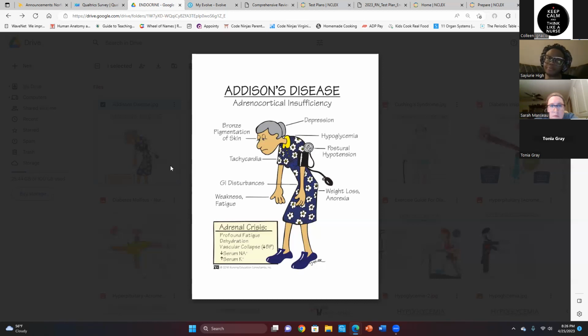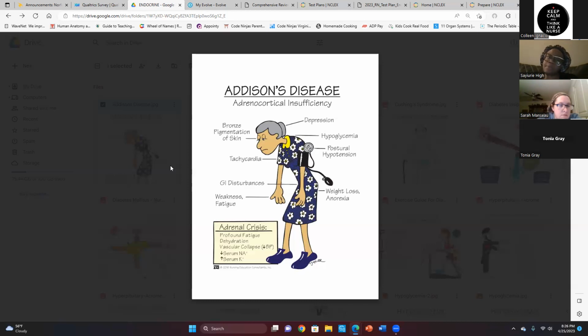So when we think about the adrenal gland, the adrenal cortex produces glucocorticoids, which is your cortisol, your mineralocorticoids, which is aldosterone, and then sex hormones, the androgens, right? And the adrenal medulla, which is the inner part, produces catecholamines, epinephrine and norepinephrine. Okay, so when I think adrenal glands, there's the outside, that's the adrenal cortex, and then the adrenal medulla is the inside layer.